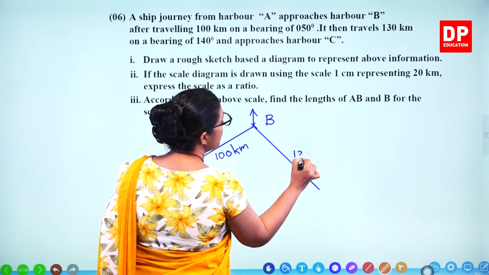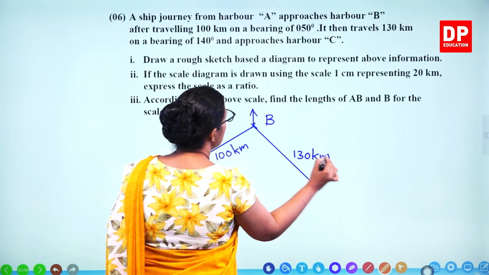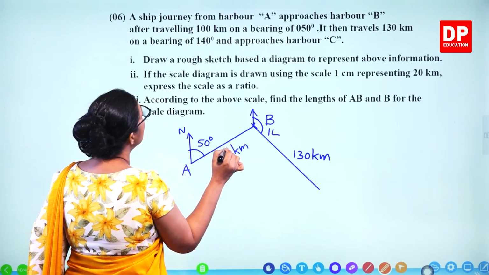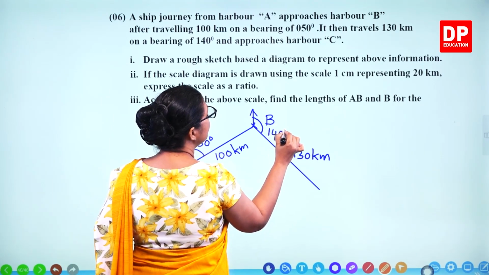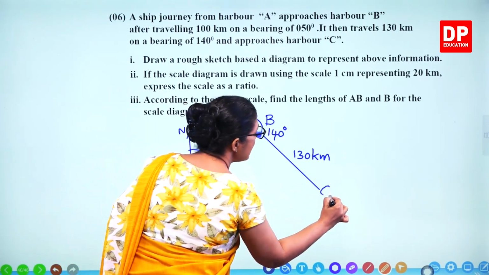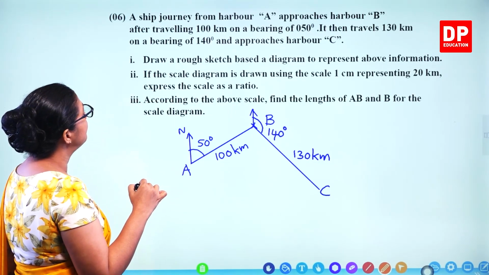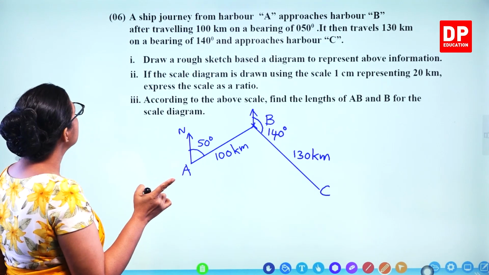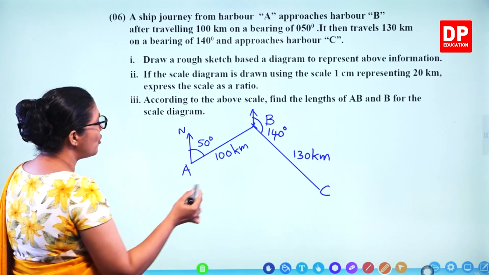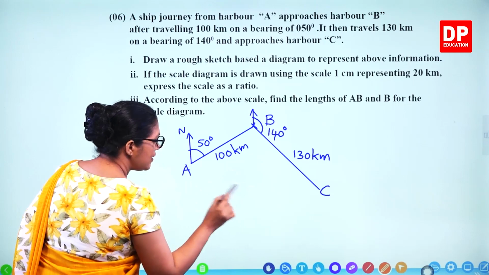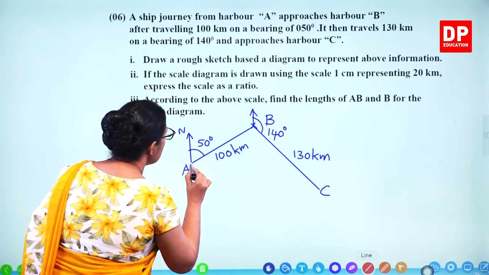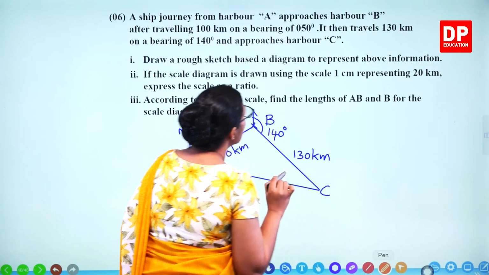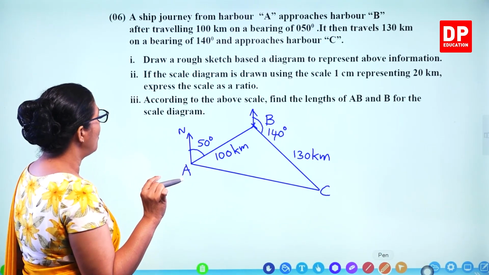So 130 kilometers on the bearing of 140 degrees. And this is the Harbour C. Then that's the diagram. So we don't know actually where the C point is. This is a rough sketch. So this is AC. So we'll connect it. Those are the information we know.